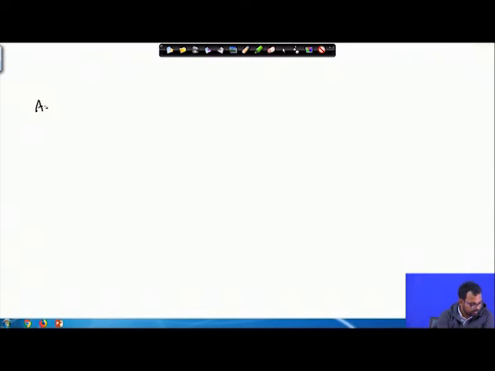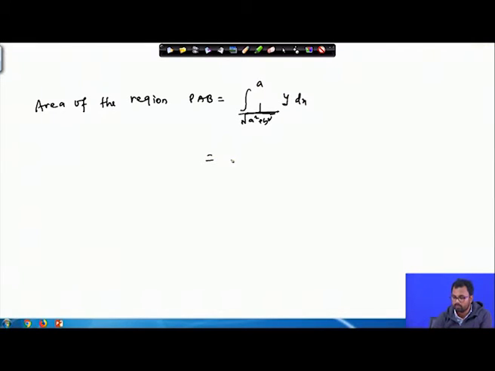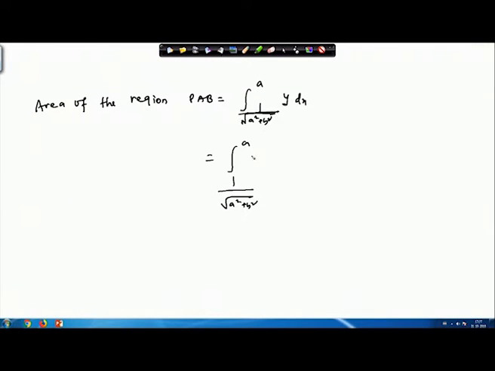The area of the region PAB is basically the integral from 1 by square root of A square plus B square to A of y dx, where our y is this one, square root of 1 minus A square x square, dx.